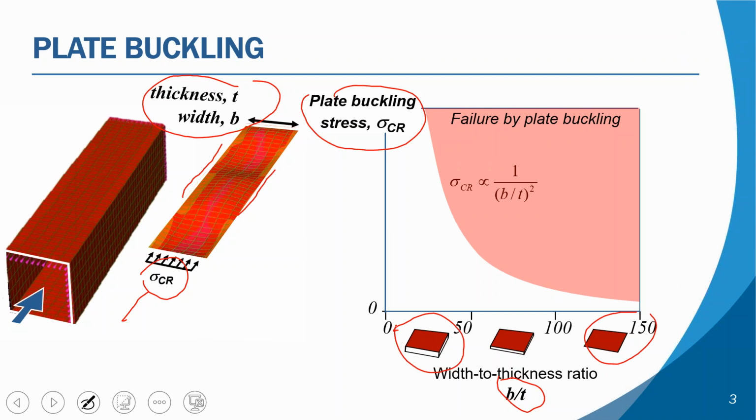On the left side, we have really stocky, thick plates. So we can see that for thin plates, we have a very, very low buckling stress. And as the plate gets much more stocky, it takes much more stress to go into that condition. And just note here that that stress is proportional to the B over T ratio squared. So it's quite sensitive to that.